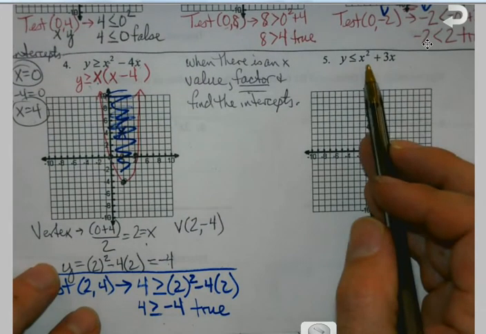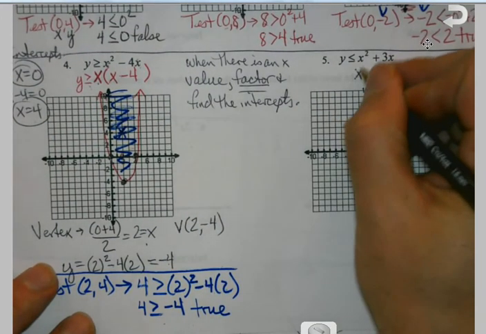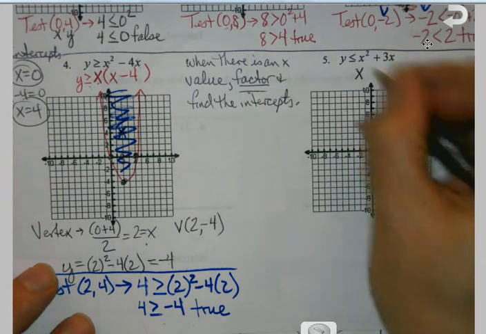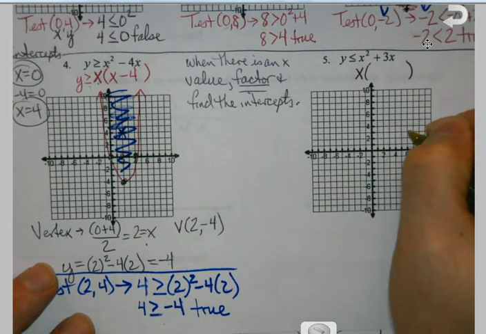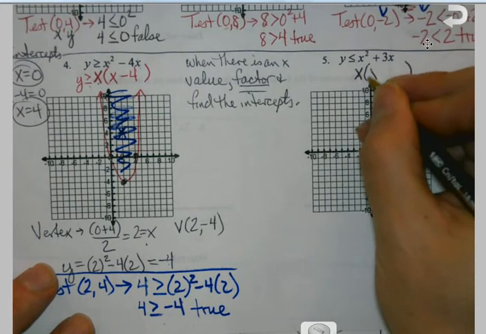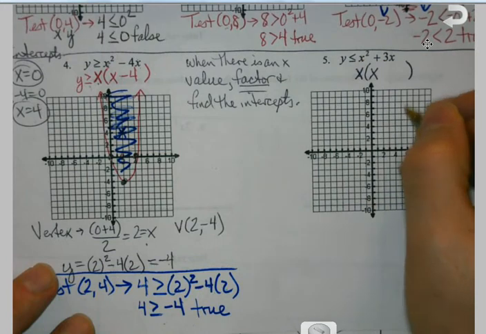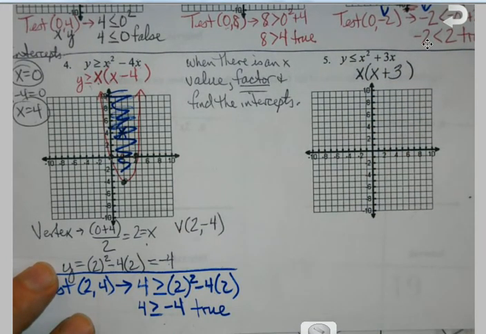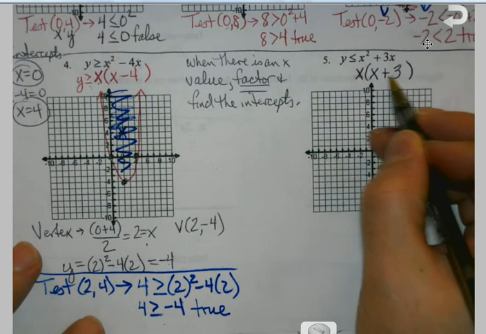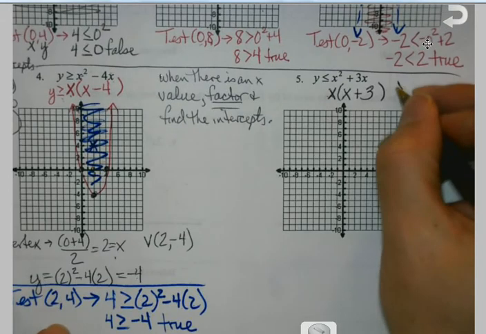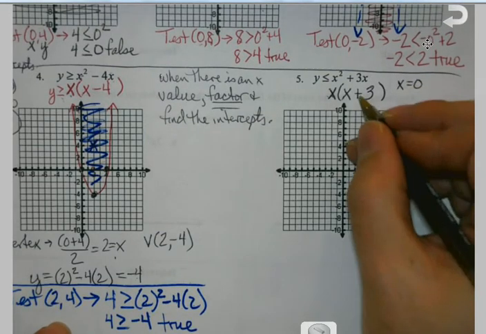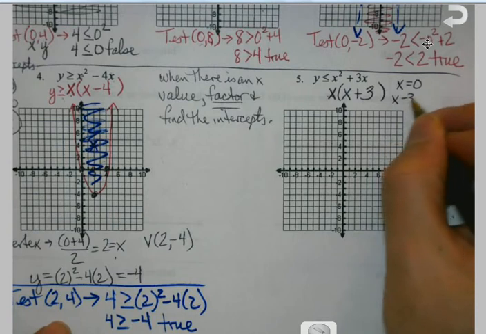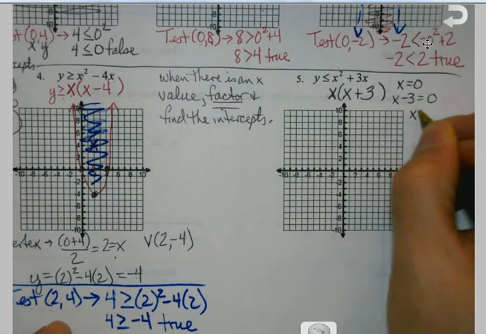Same thing here. I'm going to take out my x. Then x times x is x squared. X times 3 is 3x. And again, I'm just going to take each part of this and set them equal to 0 to get my 2 intercepts.